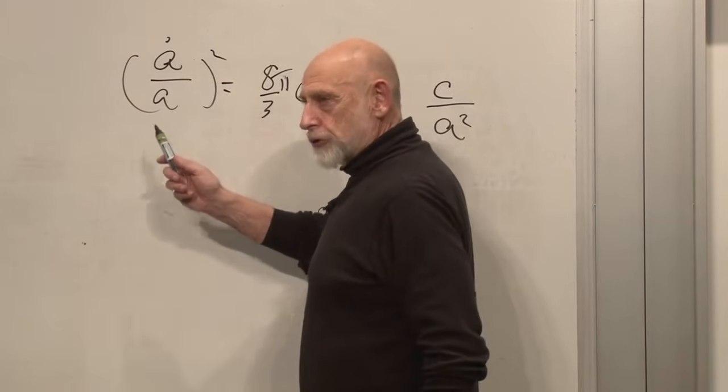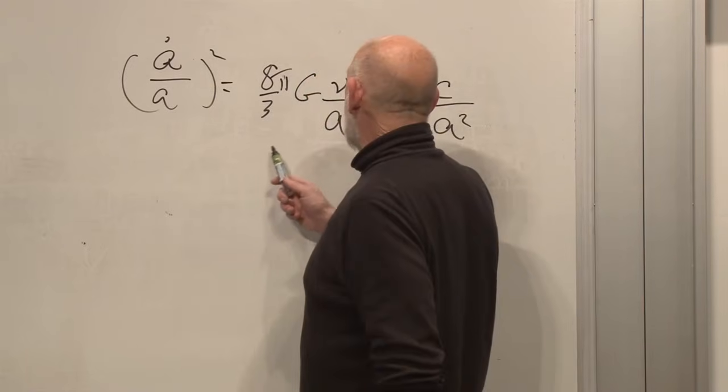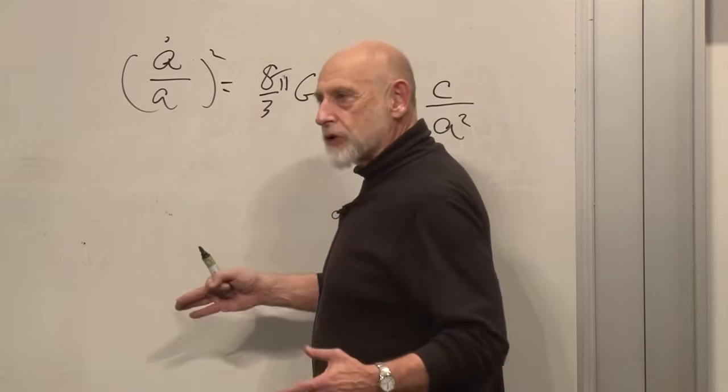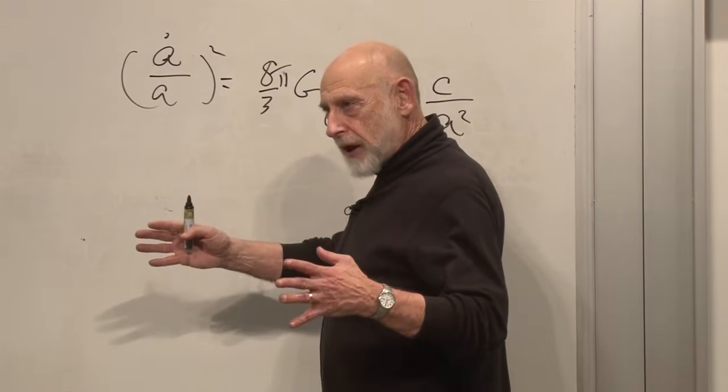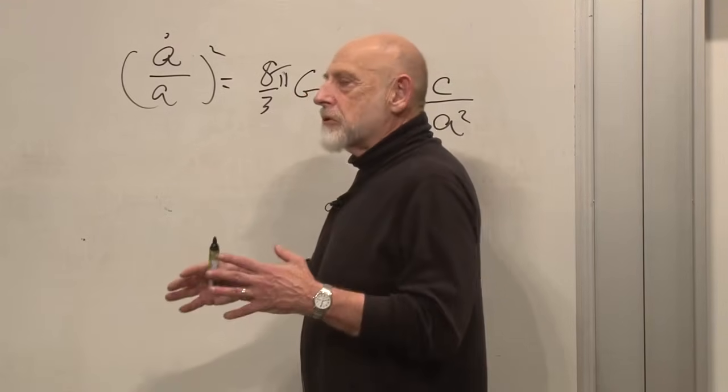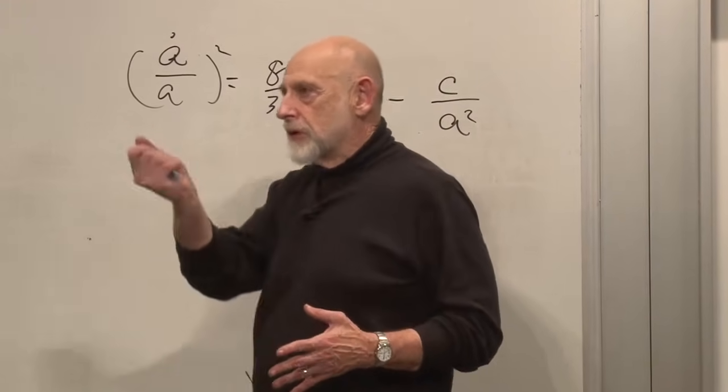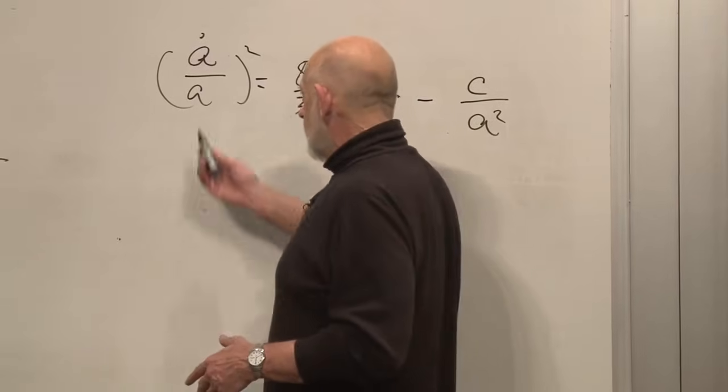No, I made an assumption that the universe was expanding, and that breaks down at the point where it comes to rest. The mathematics is entirely identical to this here. What would you write?